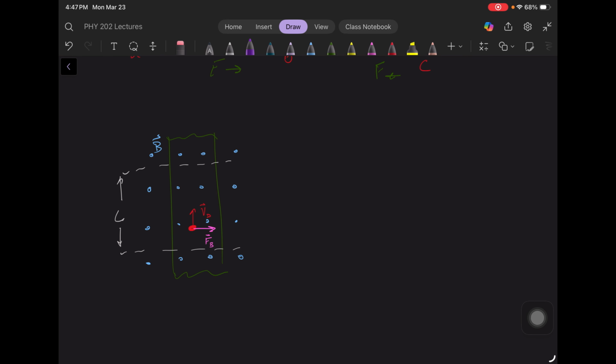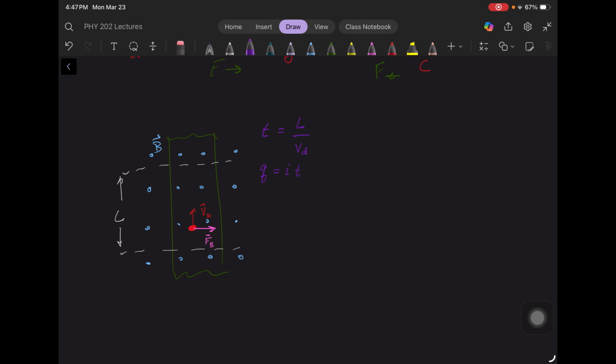The amount of time it's going to take to get through this whole thing is going to be how long it is divided by the drift velocity, right? Length divided by velocity gives you time. We can also say charge is equal to current times time, right?